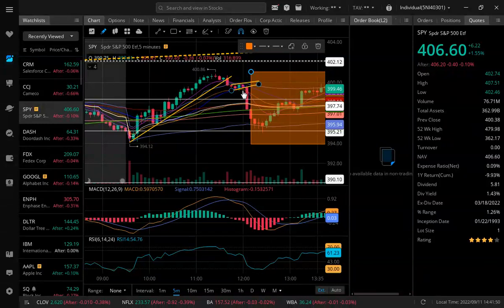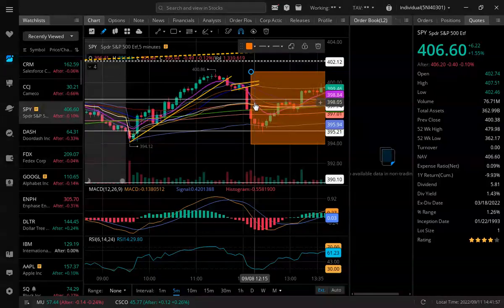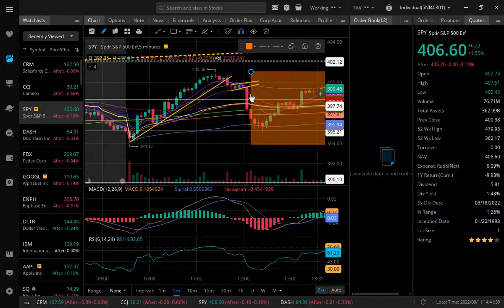My 8 EMA is this purple line, and the 21 EMA is this orange line. So we could have taken a put there at the break below the pre-market high. So that's your third put indicator.